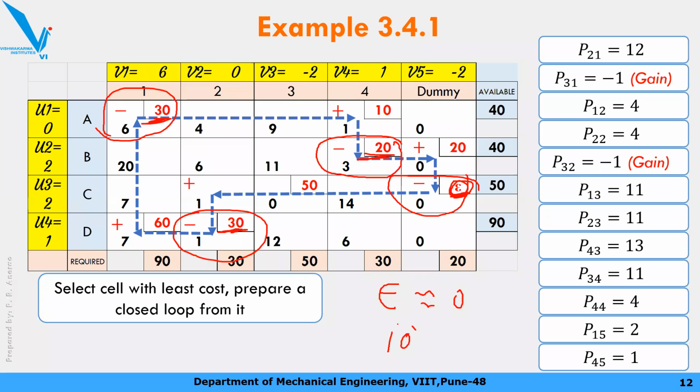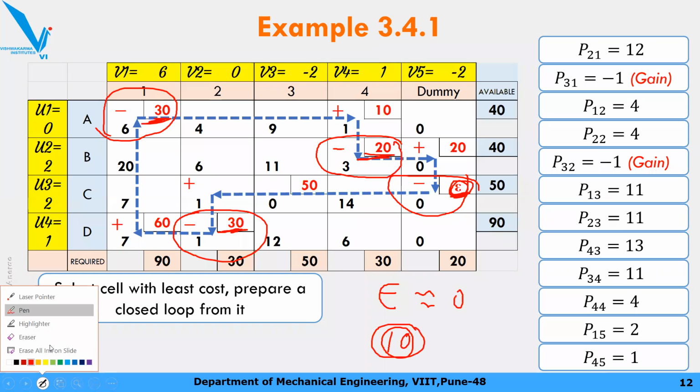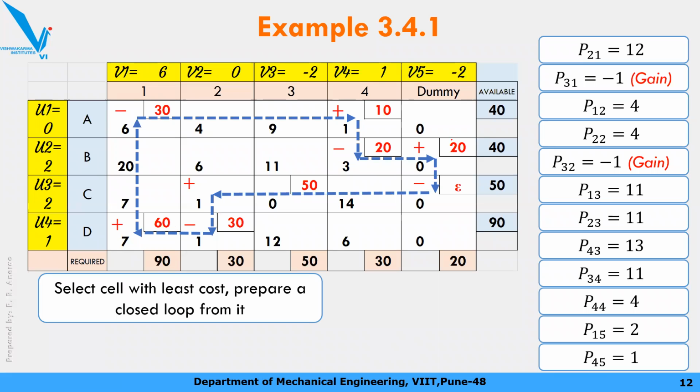If you get some number, subtract it from the negative cells and add it to the positive cells. So we subtract epsilon from the negative cells and add it to the positive cells: 60 plus epsilon, 10 plus epsilon, 20 plus epsilon.